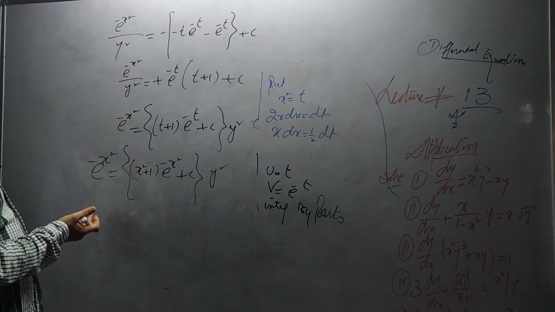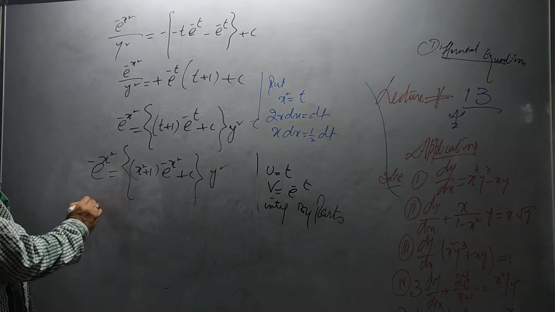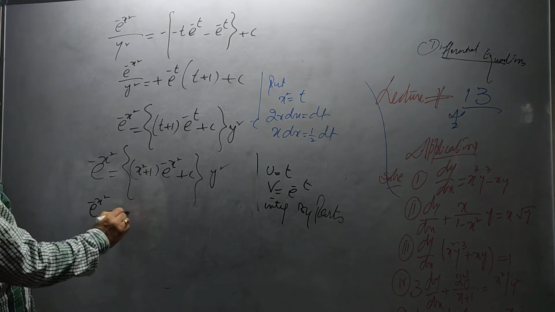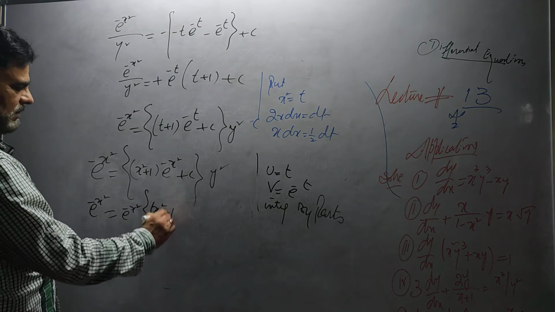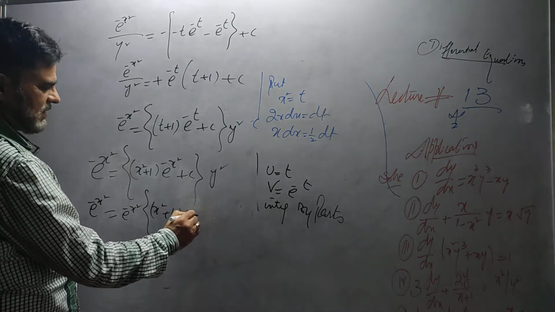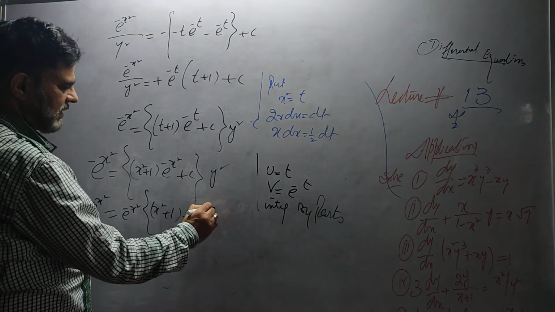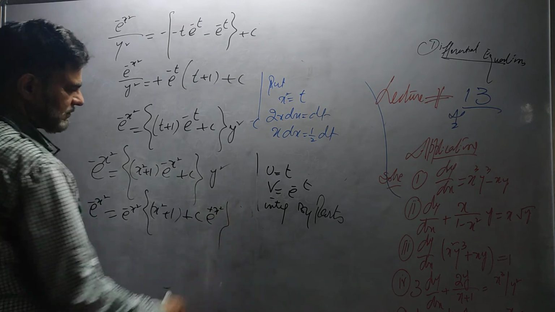You can further simplify this. e raised power minus x square common. This is x square plus 1, plus c e raised power plus x square.